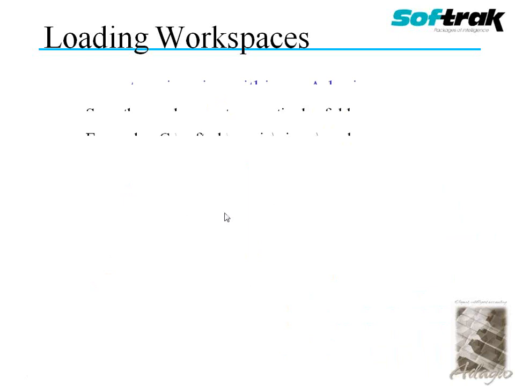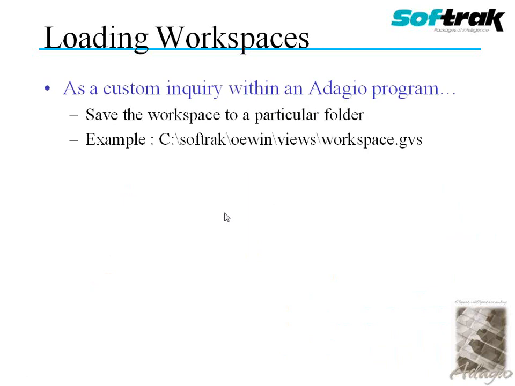Another way that you can load workspaces is by loading it directly into your Adagio program. It's fairly simple to do. All you need to do is save your workspace and all the views into a single specific folder. In order to launch it from a particular program, you need to save it into a folder called Views, which is directly underneath the program directory that you want to launch it from.